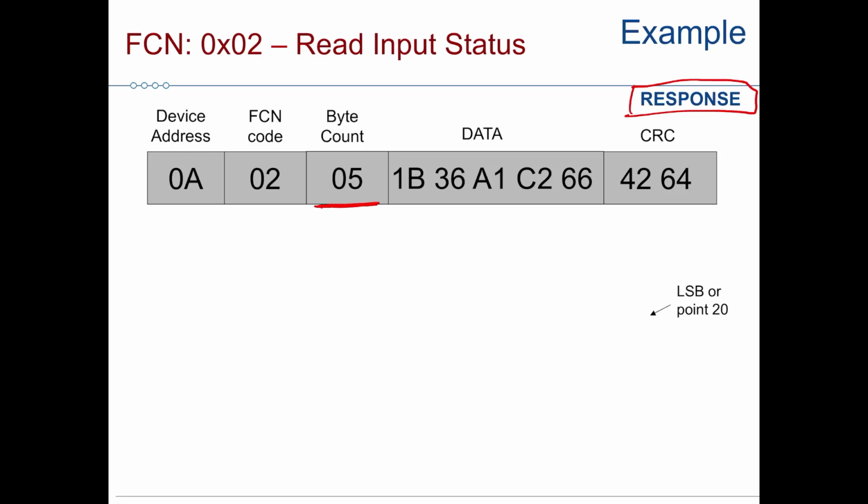Okay, so notice how in the response we've echoed back the server address, we've echoed back the function code, and we know this is a normal response because we didn't have a 1 in the most significant bit for an exception. Normal response. So what follows is a normal response with a byte count and point data. This is all point data.